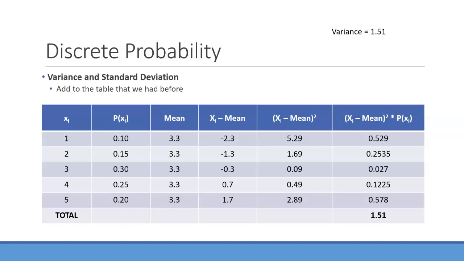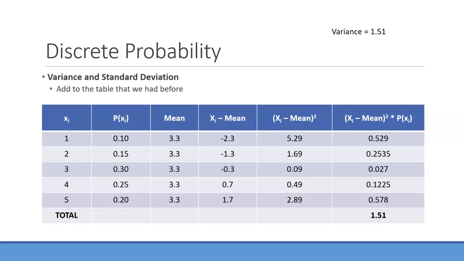So if I just ask you to find the sum of your X sub i minus mean squared times the probability of X sub i, all of a sudden that sounds way too confusing, right? But we broke it down piece by piece. We took our x values and subtracted out the mean.